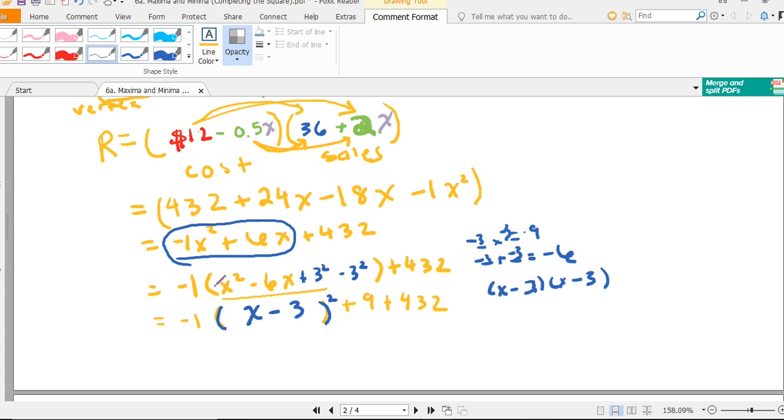Which means that if I wanted to go from this step to this step, all I need to do is copy down that number, which is a 3, or the square root of 9, which is also half of 6. And this sign will copy down as well. And that's no coincidence.